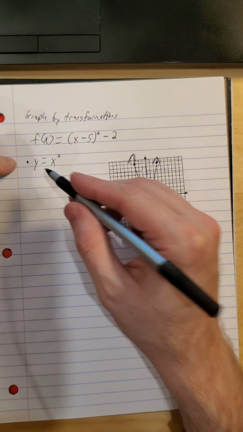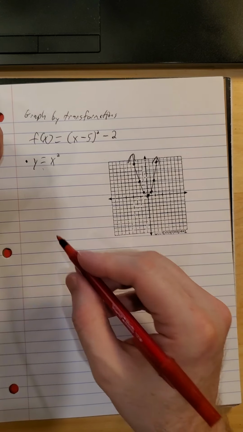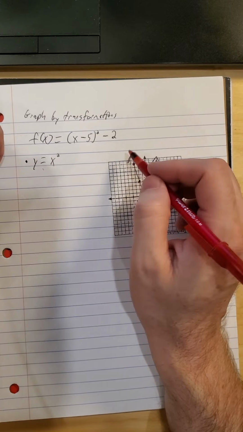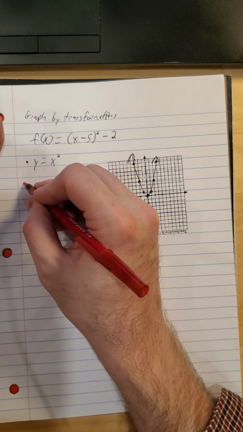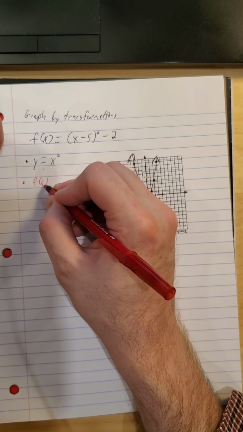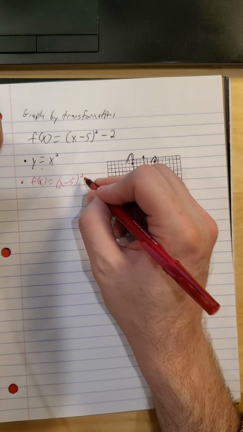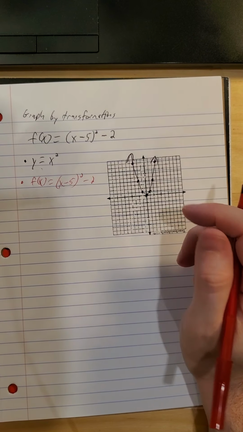And remember, you do need these labels. They are worth points. You do need the first stage as well. So any shifting left or right, we can do that in one step. So f of x is equal to x minus 5 quantity squared minus 2. If we have any stretching, we'll have to do that separately.